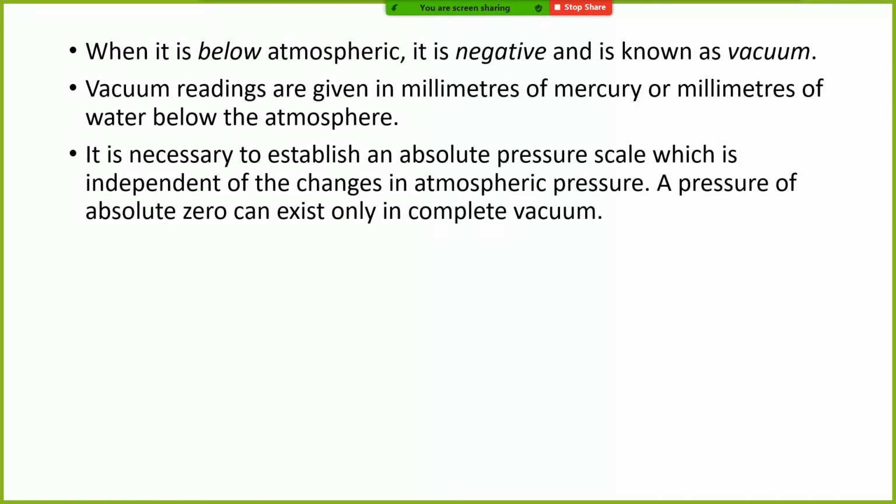We can say when the absolute pressure is 0 bar, it is called absolute zero.